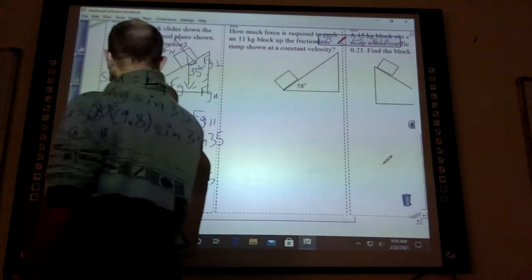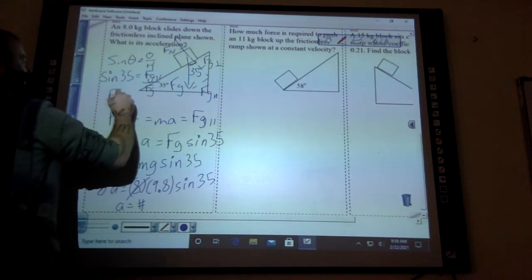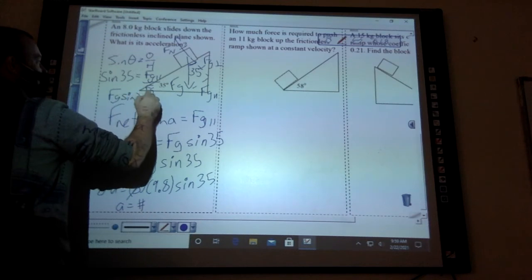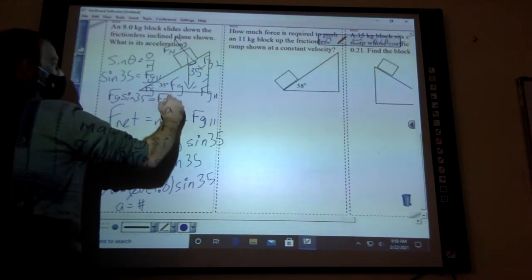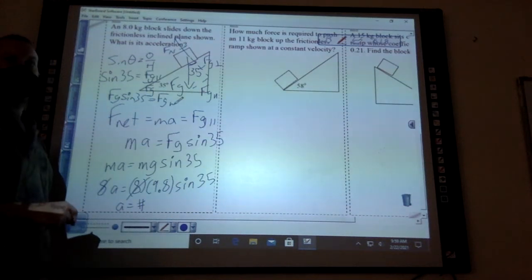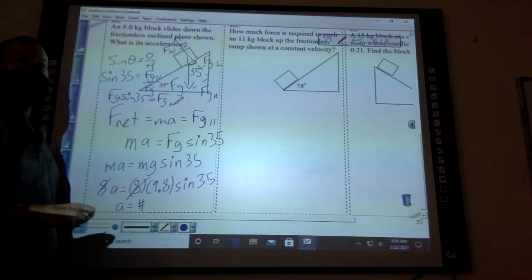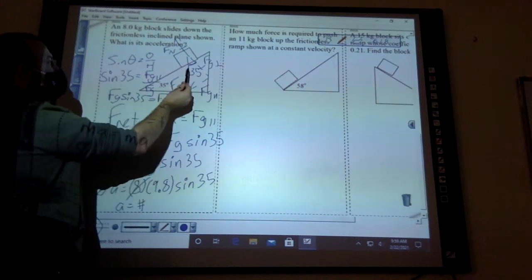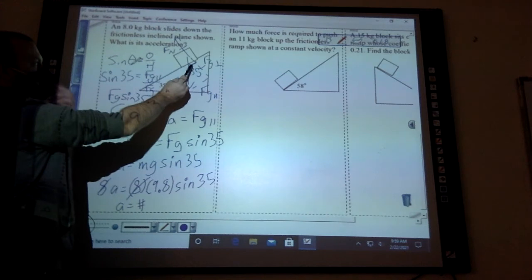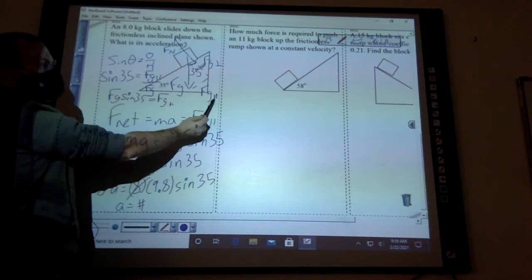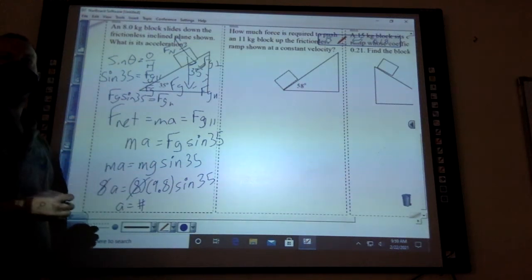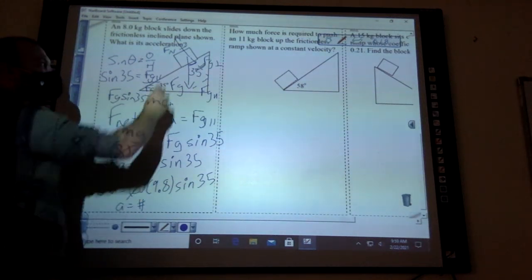So if I times FG onto this side, I get FG sine 35 equals FG parallel, which is what I have here. Because I'm dealing with sine theta equals opposite over hypotenuse. Sine 35 is opposite, this one, over hypotenuse, which is FG. It's just from this triangle here.